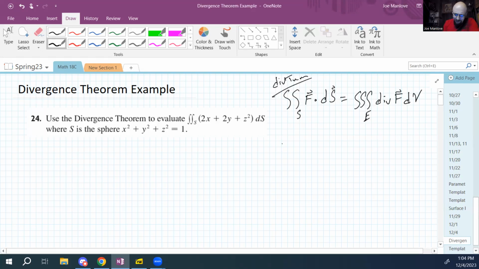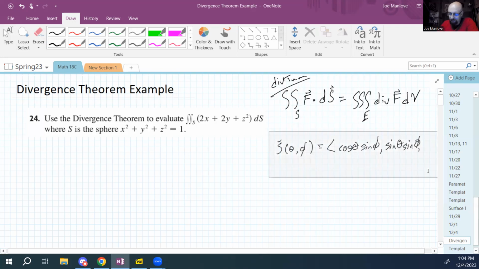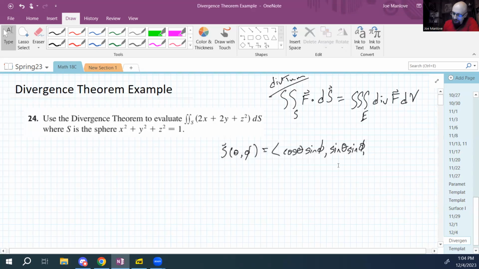So I think that I remember that if we make S of theta and phi, that we could parameterize the unit sphere by taking cosine theta sine phi, sine theta sine phi, and a cosine phi.